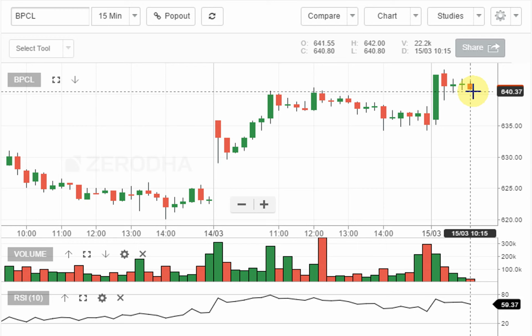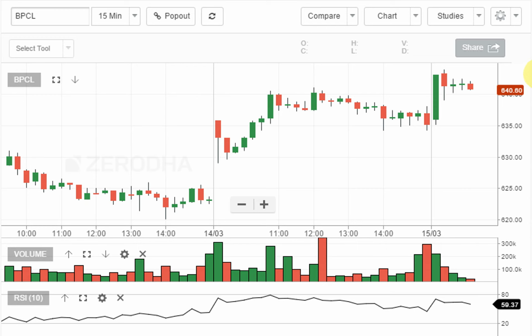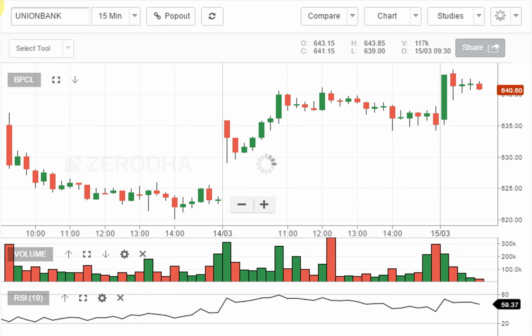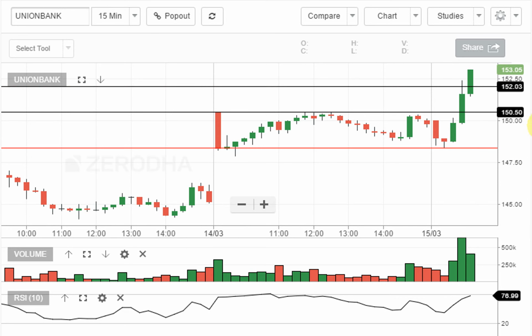We'll just see how it has broken the resistance. As you can see, this was in the resistance area. Once again I'll show you. This was in resistance here, 900, for the intraday, and this was in resistance for the lower levels.